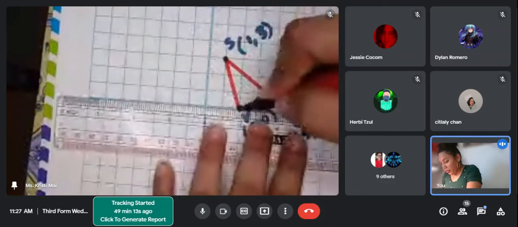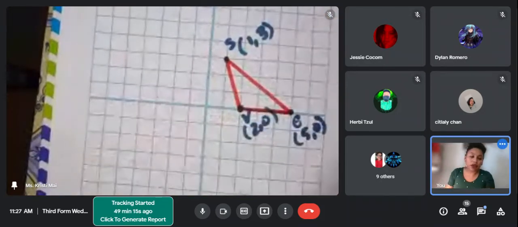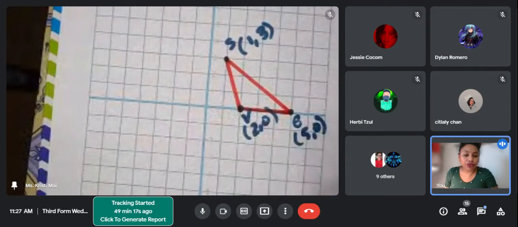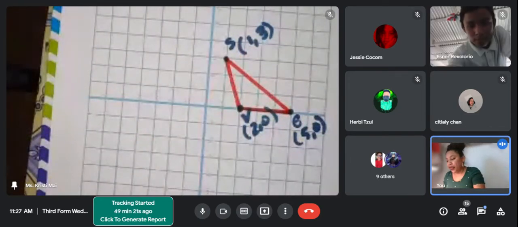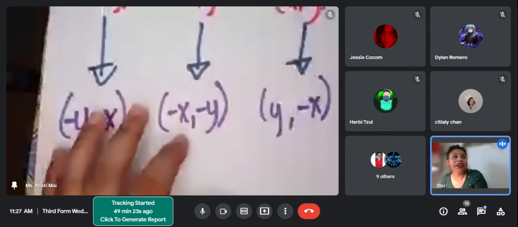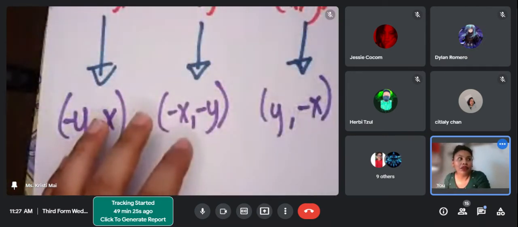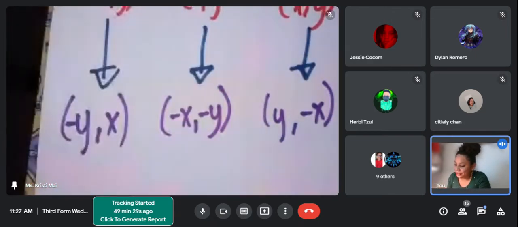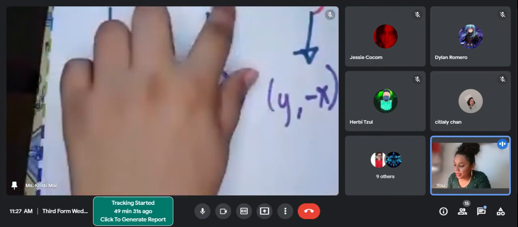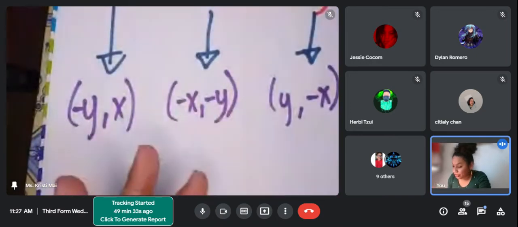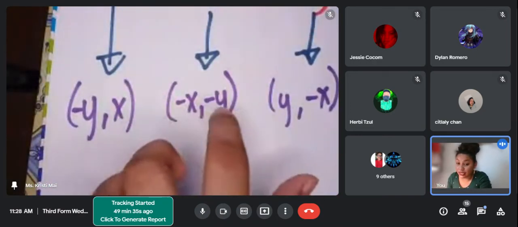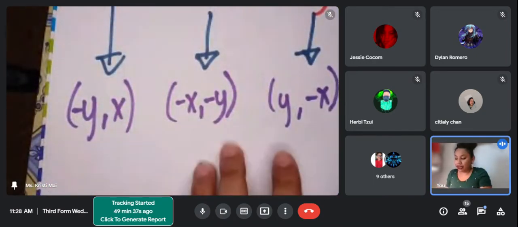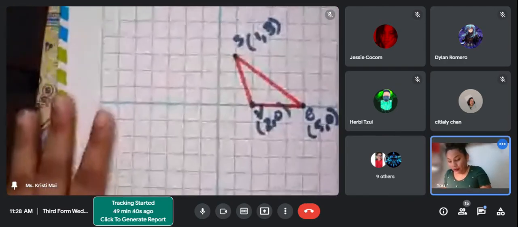And you have your original image right here. So the question asks you to rotate it through 180 degrees. So what we're going to be doing is the 180-degree rotation. My points are (x, y), but their numbers are in the same position. So you have (-x, -y). So all we're doing is writing the inverse of these points, right?